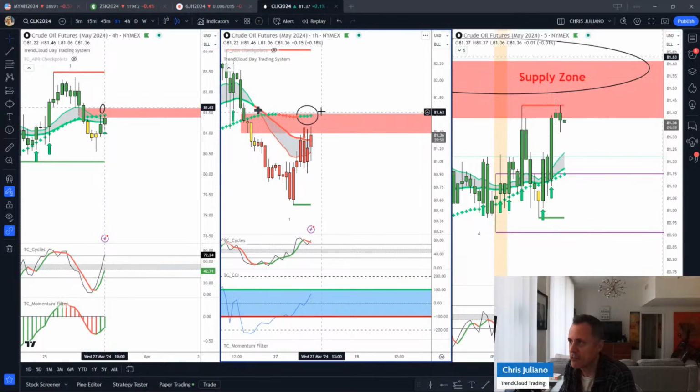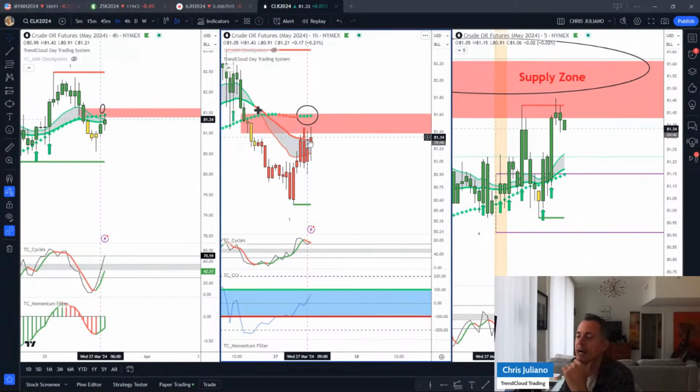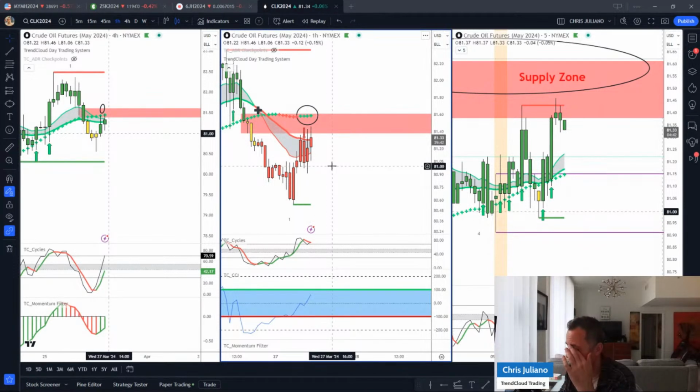It's literally a mathematical equation that's saying we've got enough in the equation to turn this 50 simple moving average on the 1 hour chart green. I know you want this to be red. I know you want this to be a full-fledged downtrend, but I got to tell you something, not happening right now, okay?